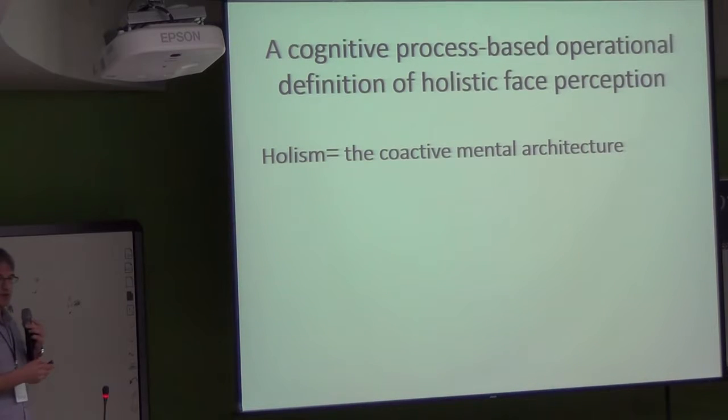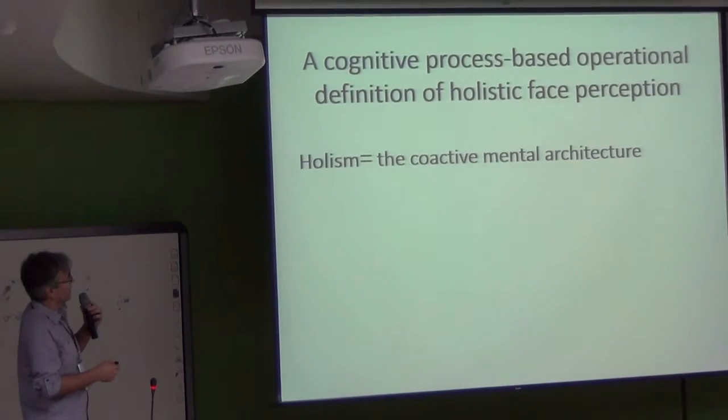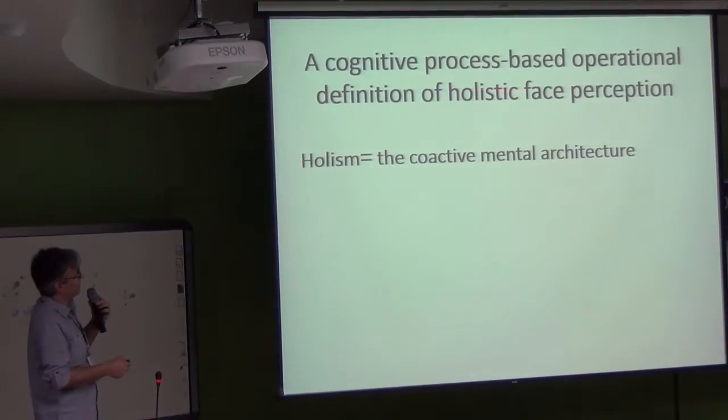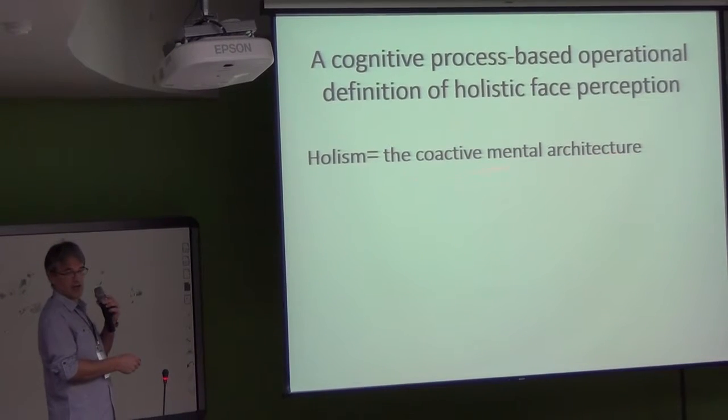So now we moved from a procedural definition of holistic processing to cognitive process-based operational definitions of holistic face perception. So we say holism is, roughly, identified as a coactive mental architecture.